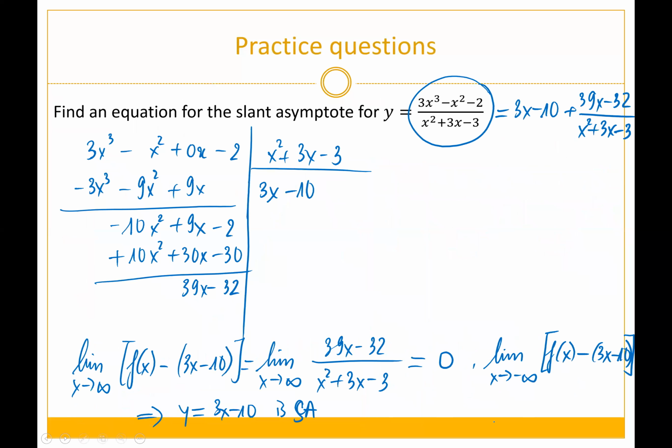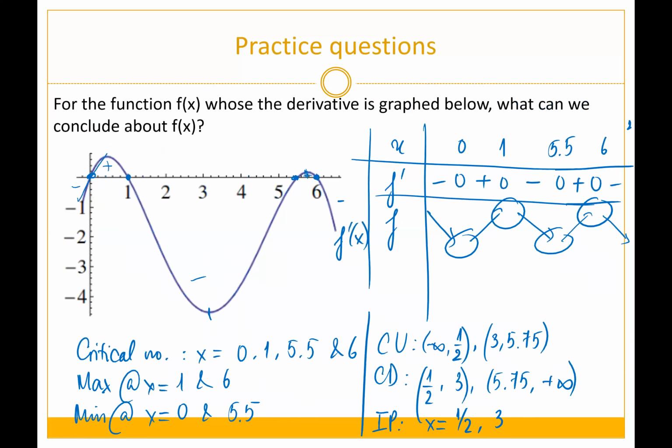At 3, you go from concave downward to concave upward, and then at 5.75, it goes from concave upward to concave downward. So that's all we have.